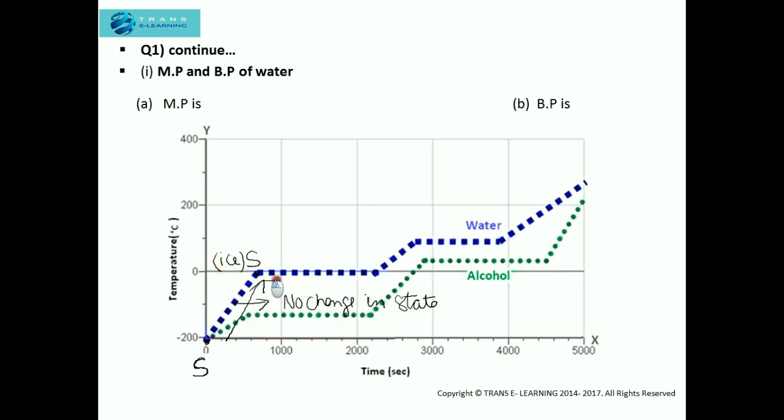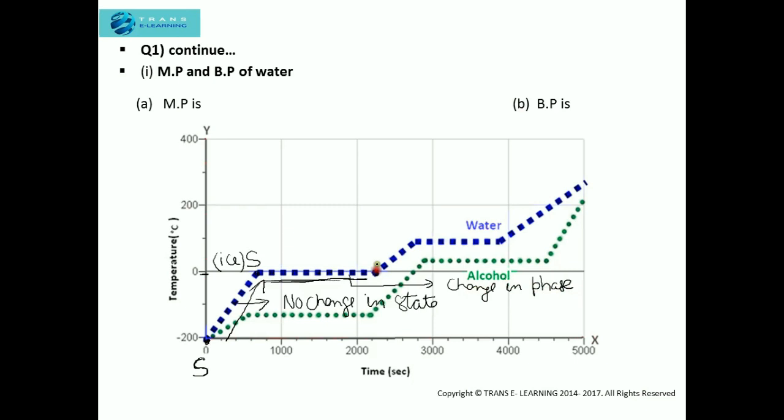Now you can see here a horizontal line. This horizontal line represents there is no change in temperature. So as per the heating curve, when there is no change in temperature, there is change in phase. So this represents change in phase or state, you can say.